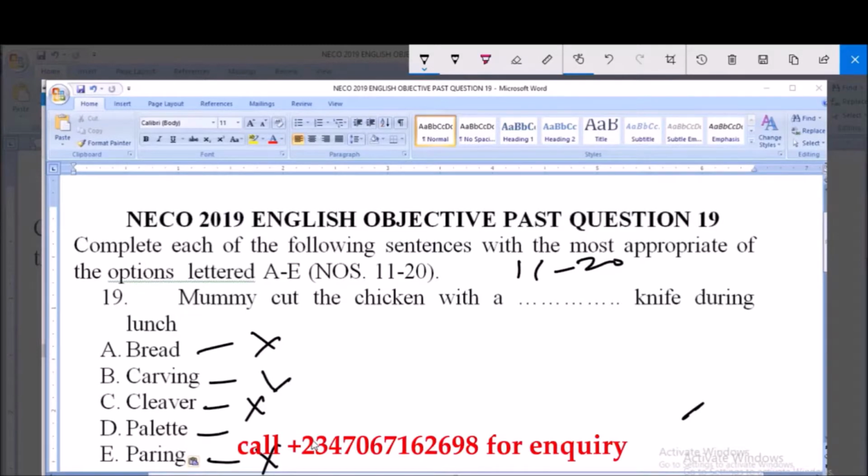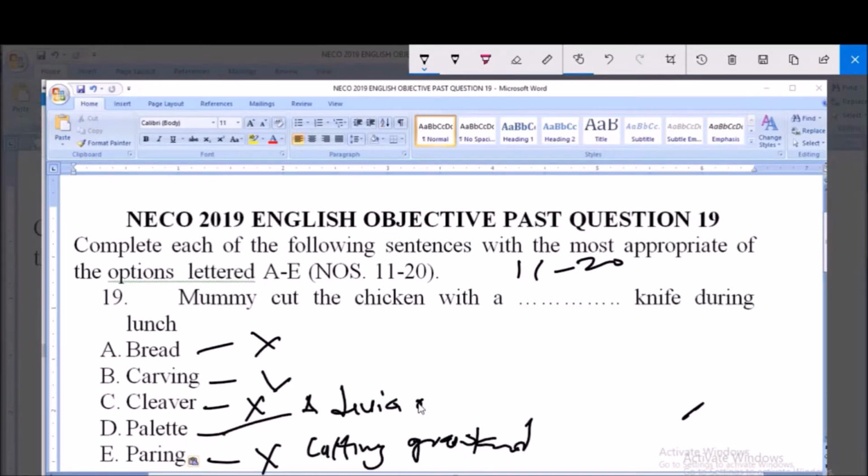grassland. So what we use in cutting on, it is a device on the dining table.